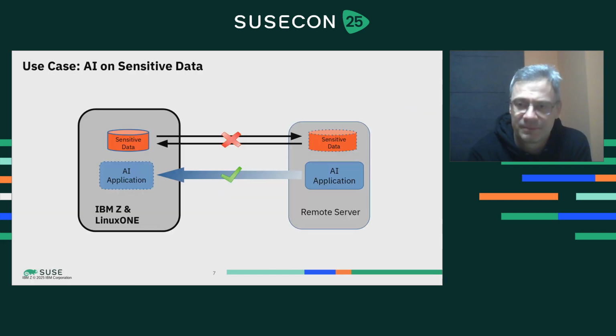But there's more to it. If you send the data off to a remote server, like indicated here in this picture, with the remote server on the right-hand side, that means you would have to have your data leave our platform. Now, we're very proud of the great security that our platform provides.